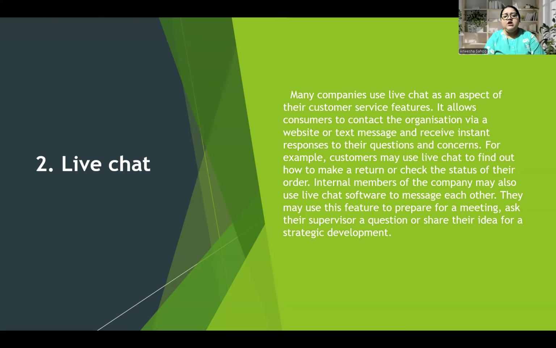It allows consumers to contact the organization via a website or text message, and receive an instant response to their questions and concerns. For example, consumers may use live chat to find out how to make a return or check the status of their order.